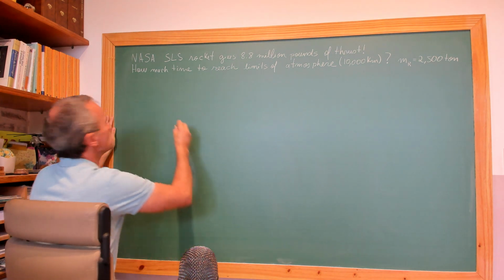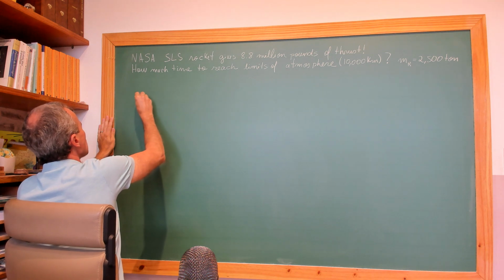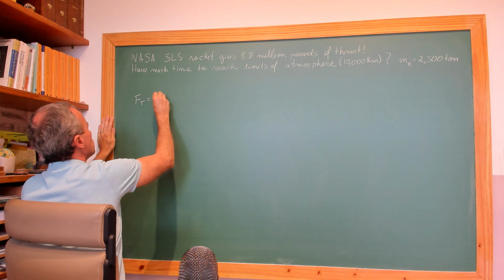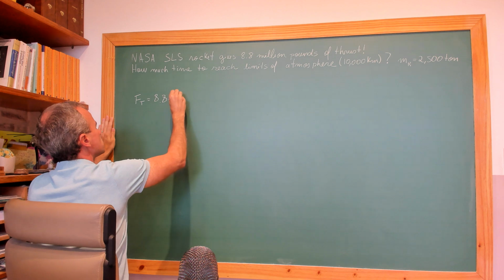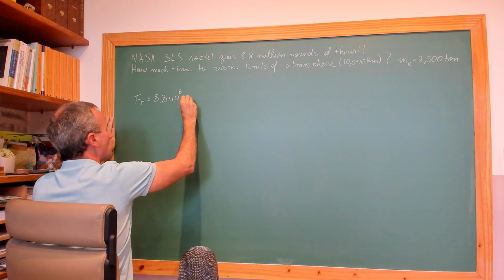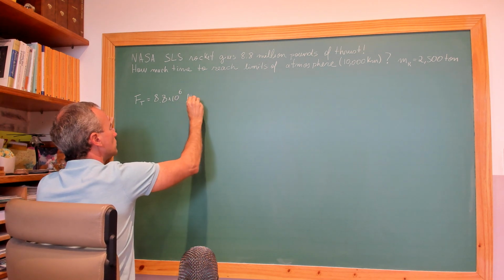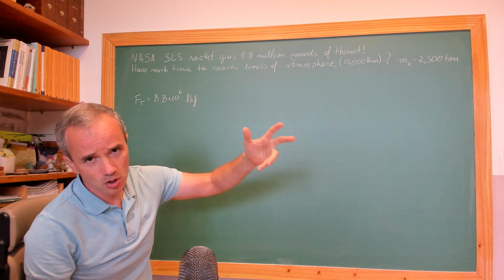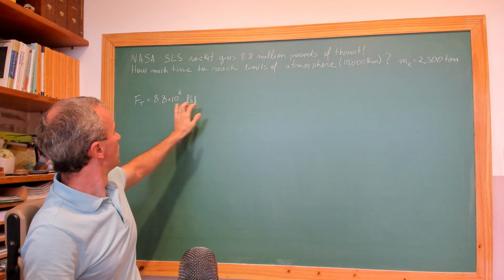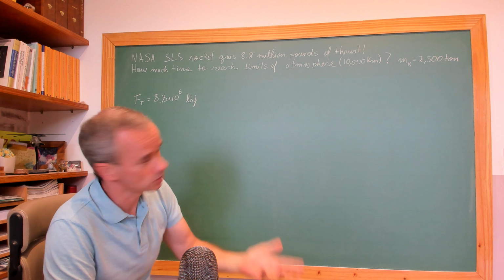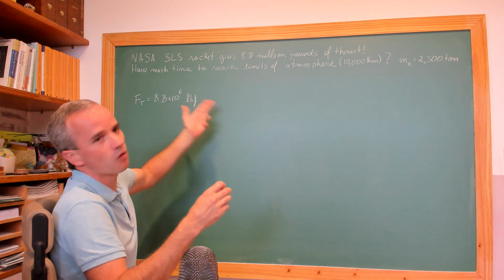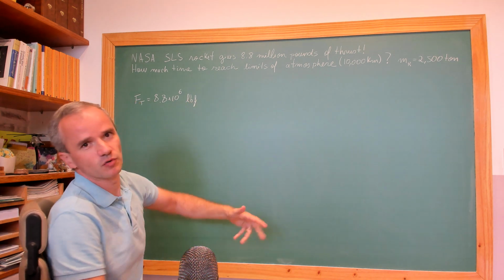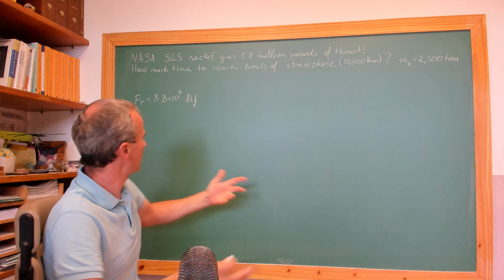So let's go. We have the force of thrust, which is 8.8 times 10 to the 6 pounds lbf. If you don't know, libra is the Latin word for pound, so we can't just write pound force; we write lbf, libra force, from Latin.